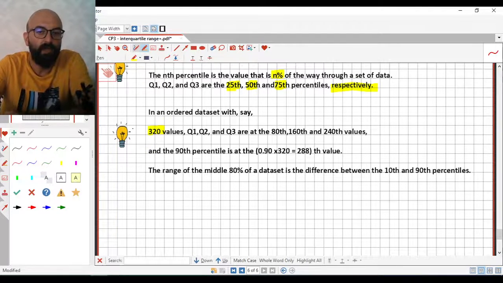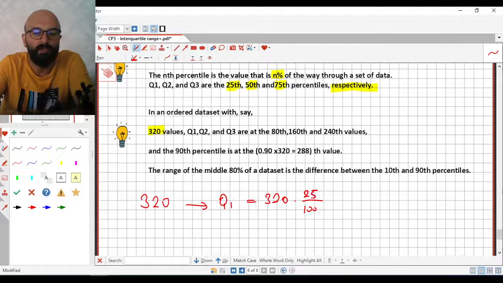In an ordered data set, say, for example, we have 320 values. If we want Q1, we multiply 320 by 25%, and we find the 80th value.